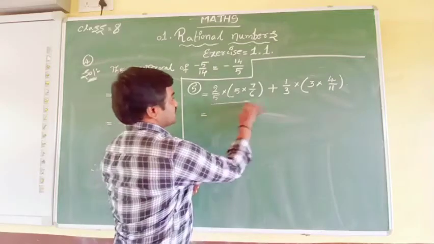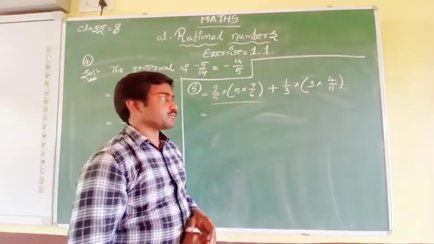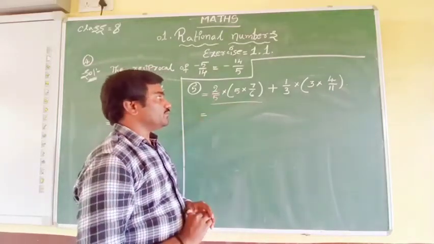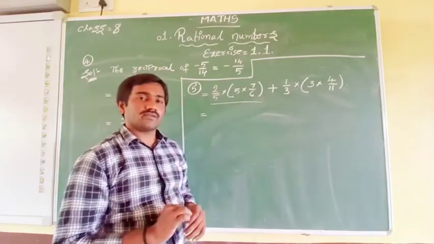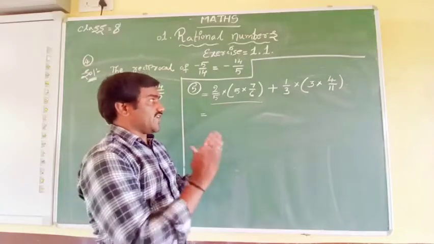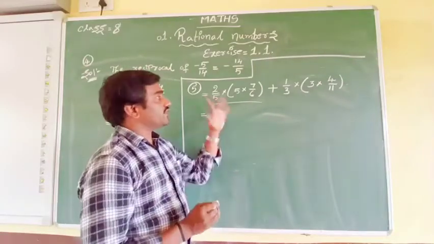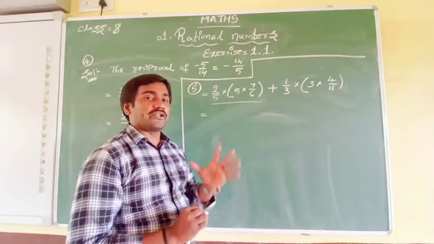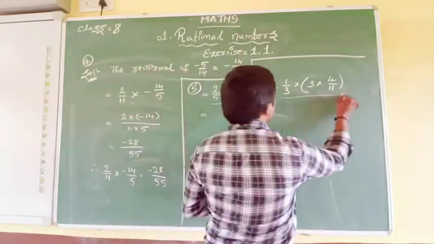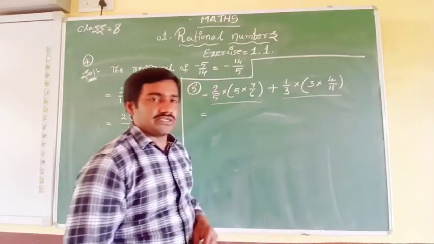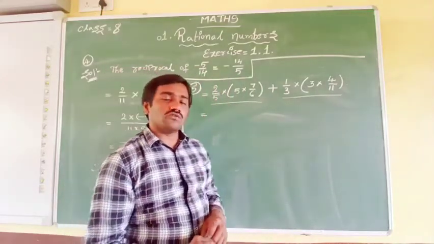If I take these three terms, 2 by 5 into 5 into 7 by 6, as one group, then we can use the associative property under multiplication. The same way, we can go with 1 by 3 into 3 into 4 by 11.